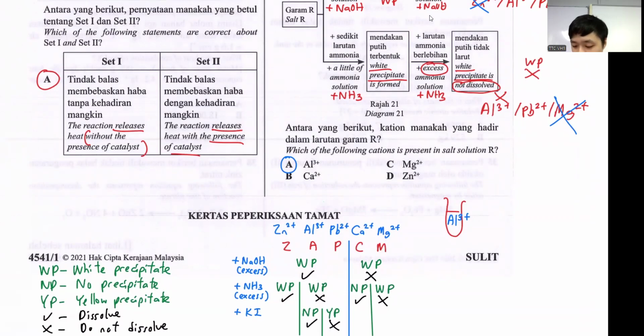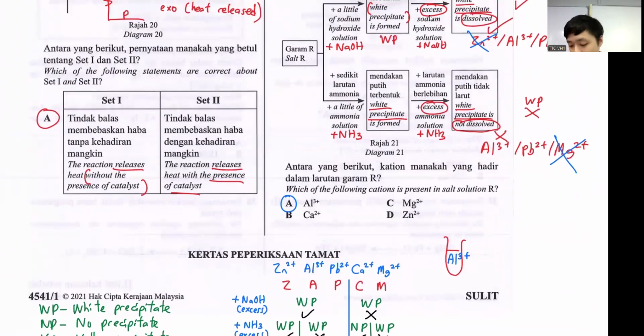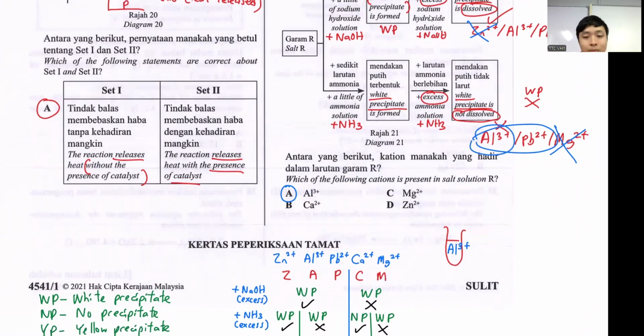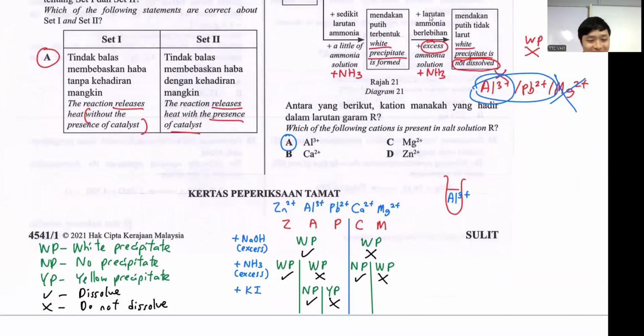So zinc is out, magnesium is out. So it is either aluminum ion or lead 2 ion. Since the option didn't give Pb2 plus, the best answer is aluminum.